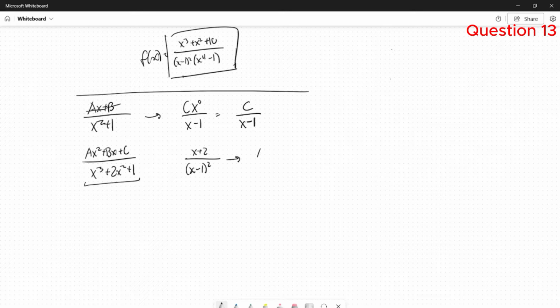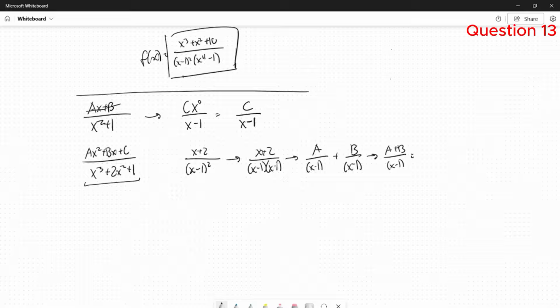I can split this up into x plus 2 over x minus 1 times x minus 1, in which case I can further decompose this into a over x minus 1 plus b over x minus 1, which is just a plus b over x minus 1, which could just be equal to c over x minus 1. So there. Let us continue on.